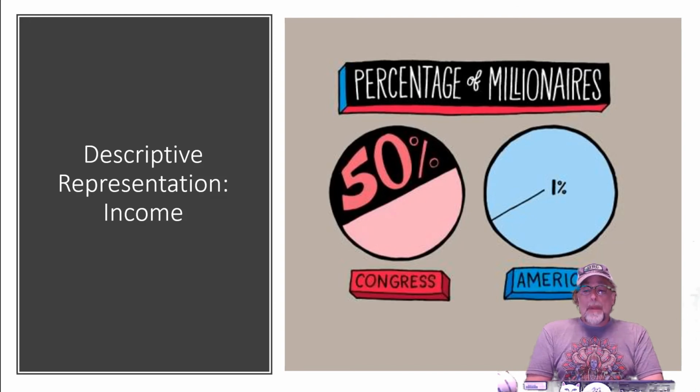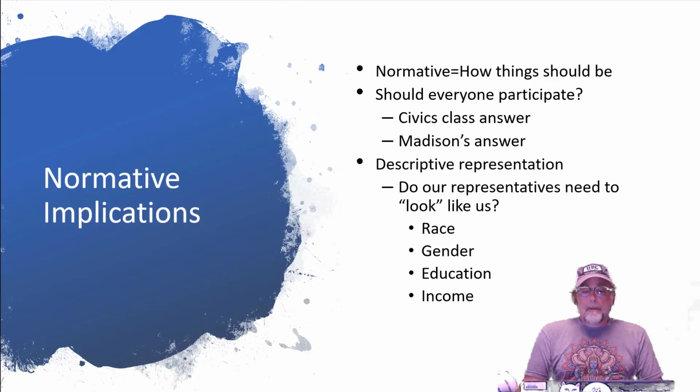So we are being represented by people who don't look like us in terms of things like age and race and gender. We are being represented by people who are more highly educated, and we're being represented by people who make more money than most of us do. That is potentially a problem.